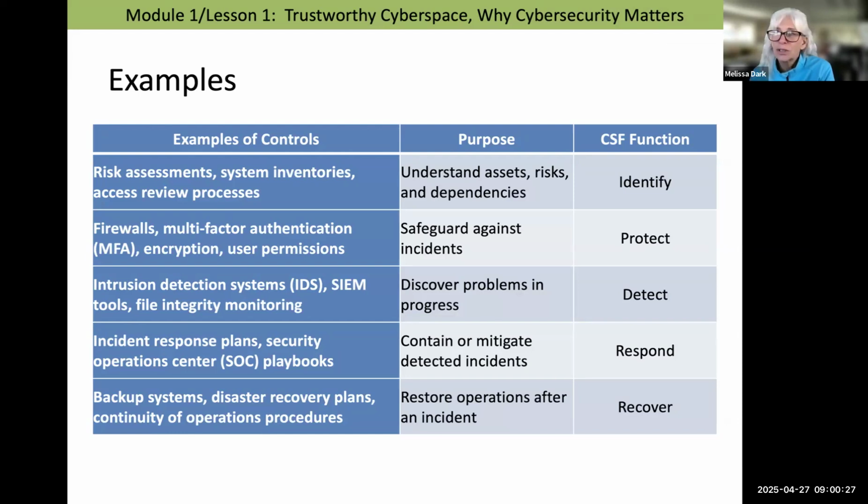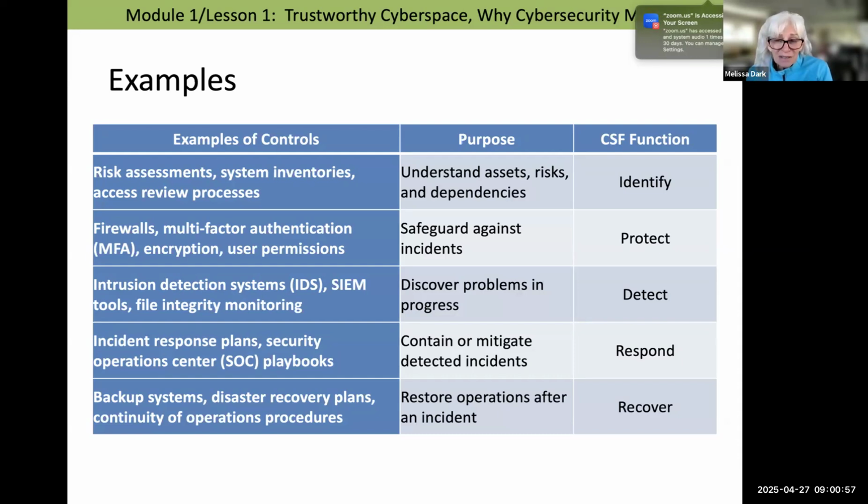And then you're going to go on and learn about access control, identification, authentication, authorization, access control to include multi-factor authentication in Lesson 2 of Module 2. And so that's part of protect. But I can also tell you, you're not really going to learn about encryption until you get to Module 4, which is also part of protect.